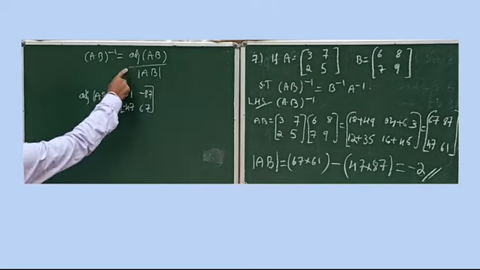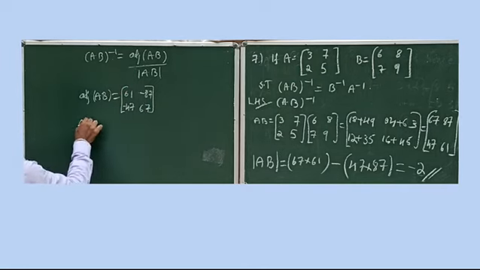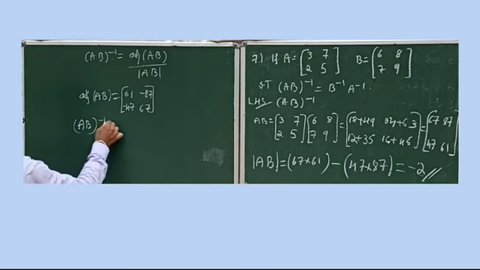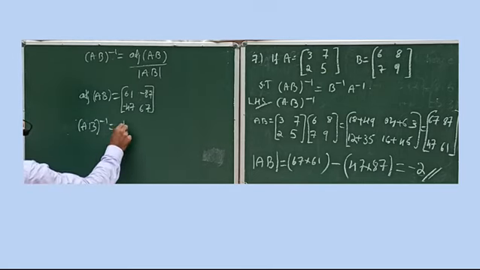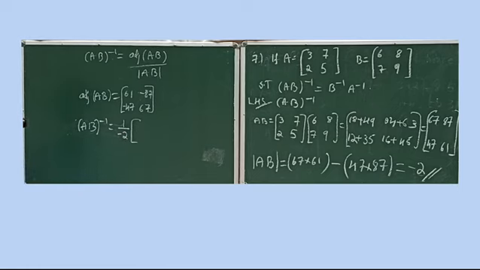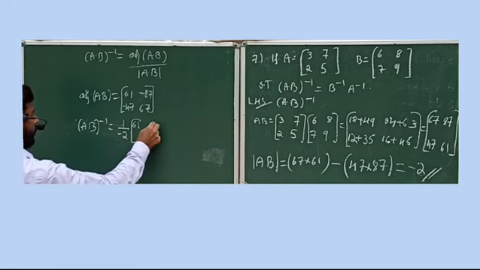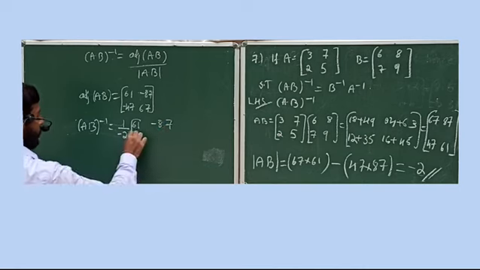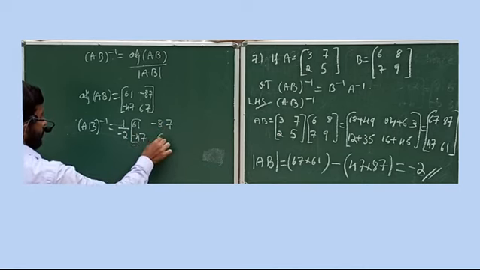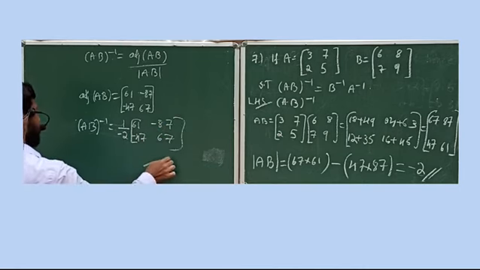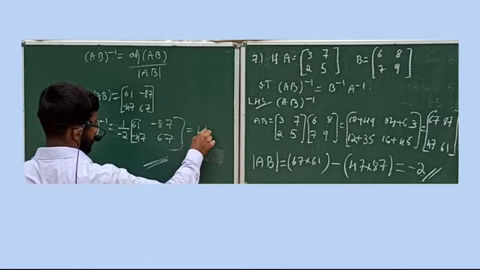Substitute in this formula. (AB) whole inverse is equal to 1 by minus 2 into adj of AB. Adj of AB is 61, minus 87, minus 47, 67. This is the value of LHS.